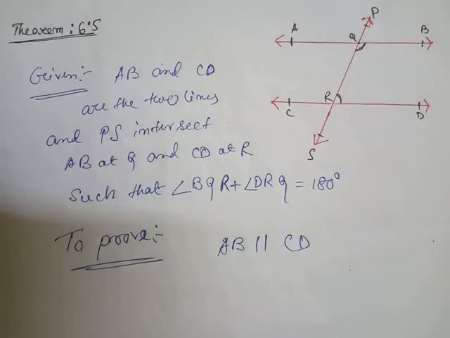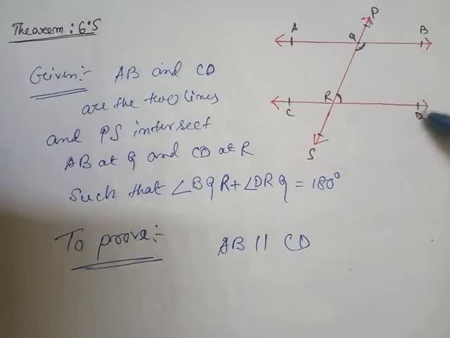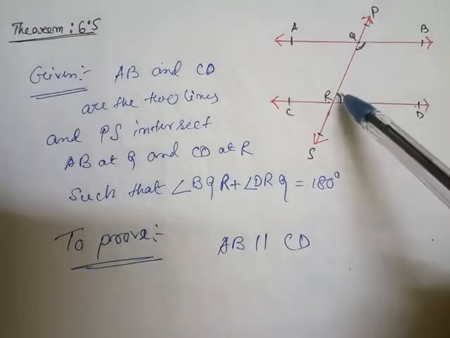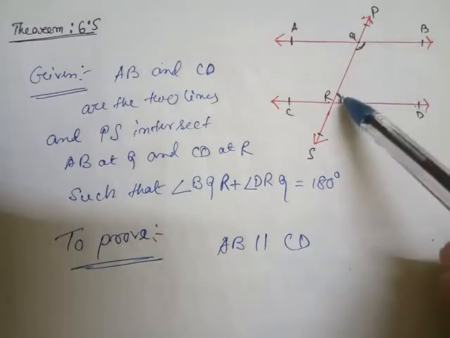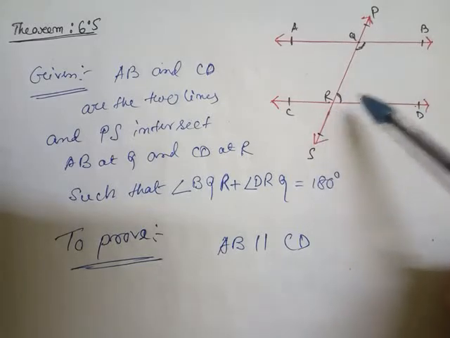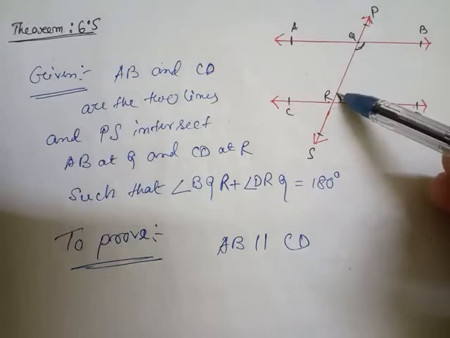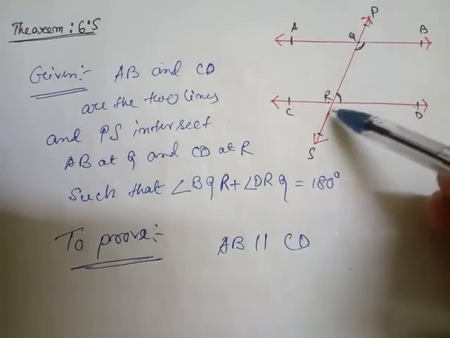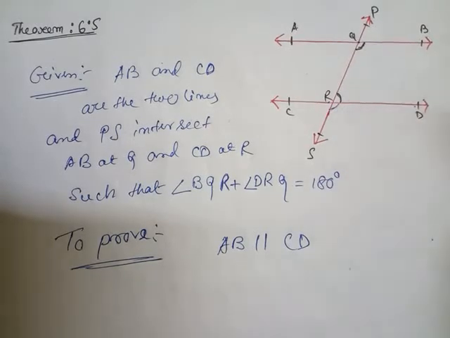Students, look here now. In this diagram, angle DRQ means this portion, and DRS means this portion. So the sum of angle DRQ and angle DRS equals 180 degrees, a linear pair.